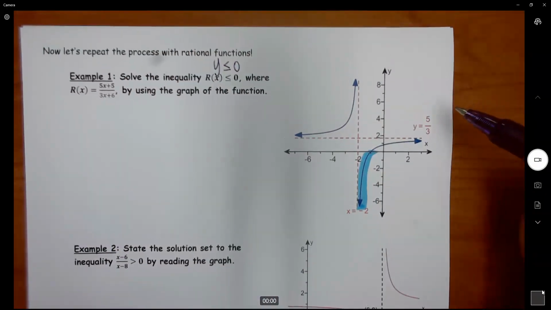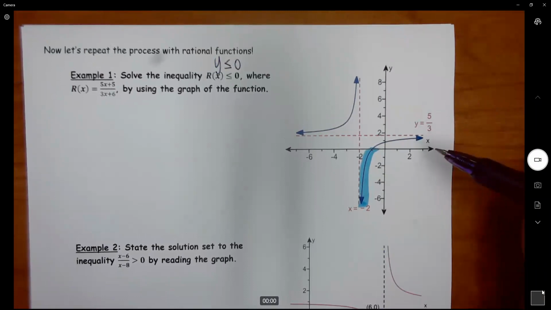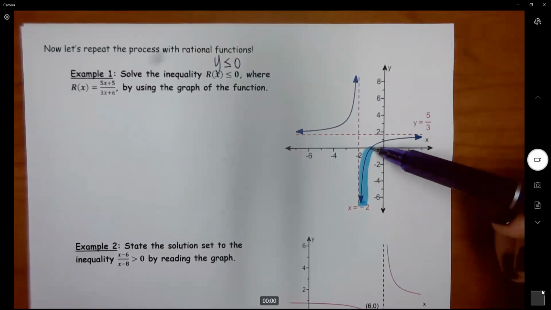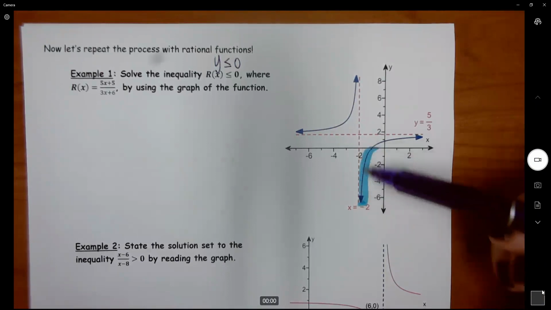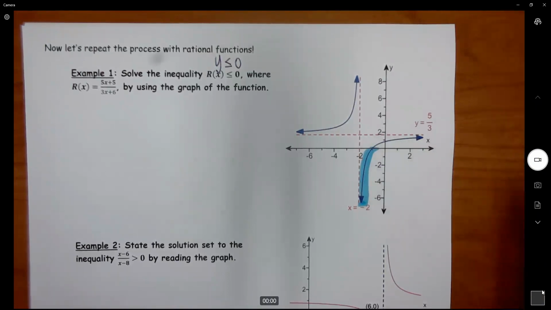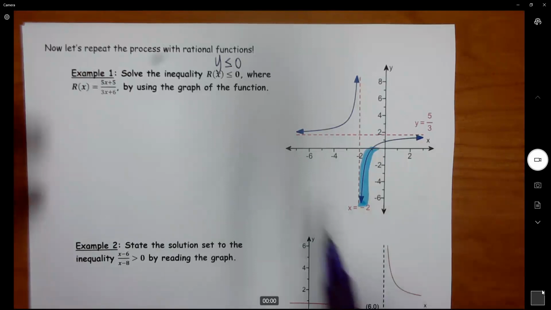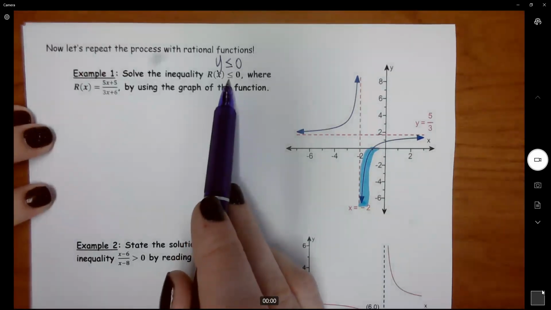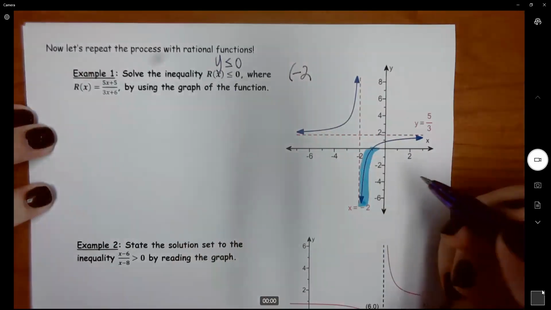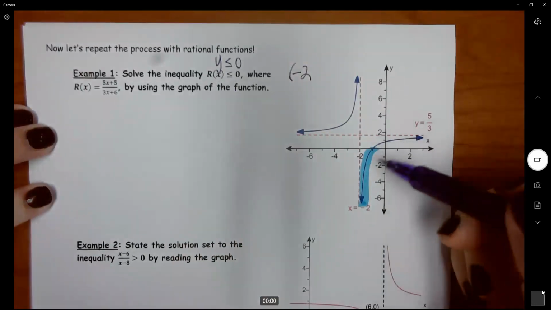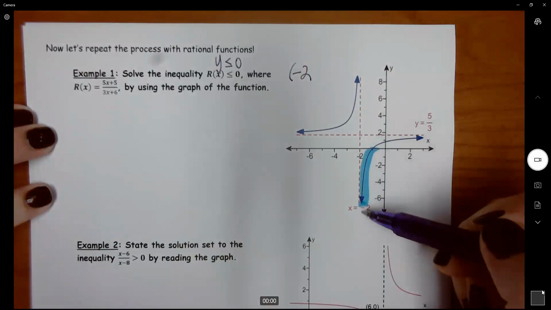What an asymptote represents is that this line is going to forever get closer and closer to the asymptote, but it will never ever touch it. It will never ever reach that asymptote. So even though this is less than or equal to, the answer here is -2, because it's never going to actually reach that -2.